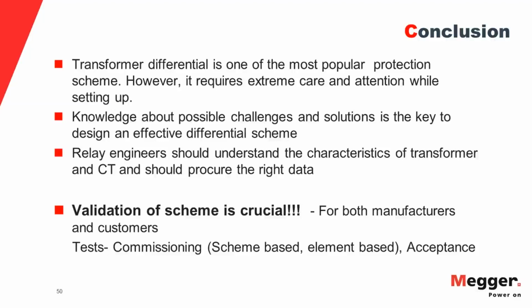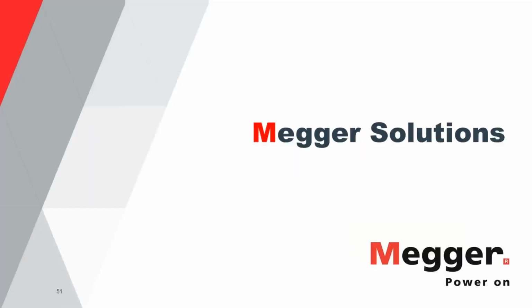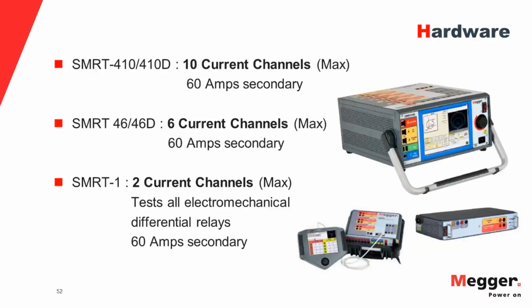So what has Megger to offer for differentials? We have SMRT 410, SMRT 46, and SMRT 1 as the equipment for testing relays. It can test any relay out there, especially if we are focusing on differential relays.